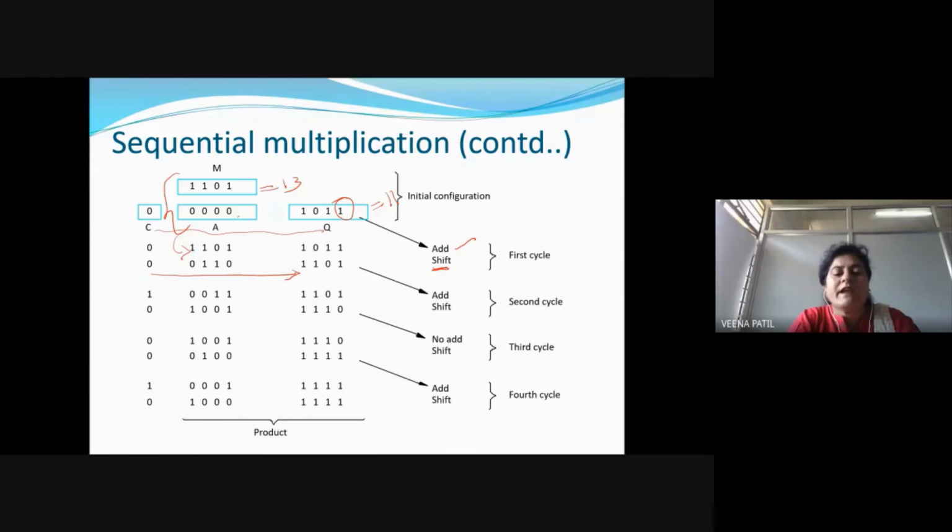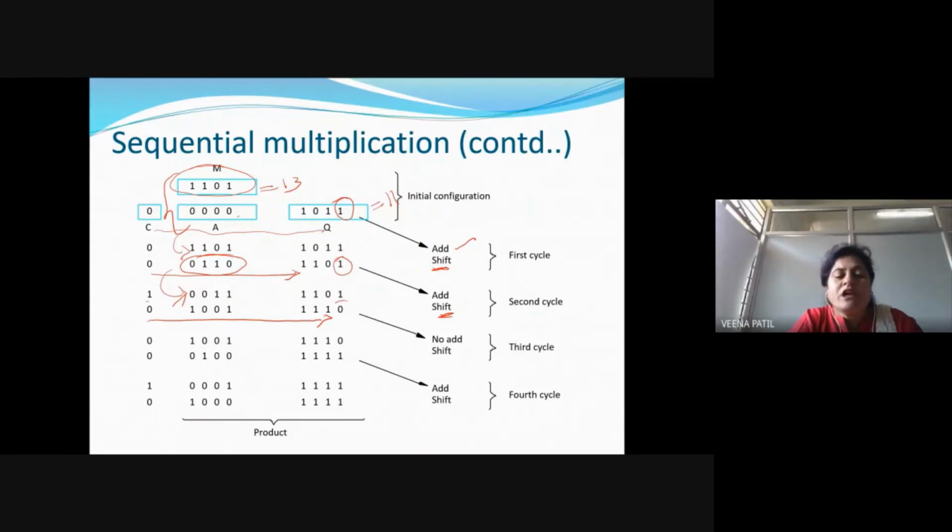Now again for the second time, the control sequencer circuit is going to check the Q naught value. If the Q naught value is 1, it is going to perform the same thing, that is, add the new value of A with M and store the answer in A. Right? And shift, along with C and A. So CAQ will be shifted by 1 bit position towards the right.